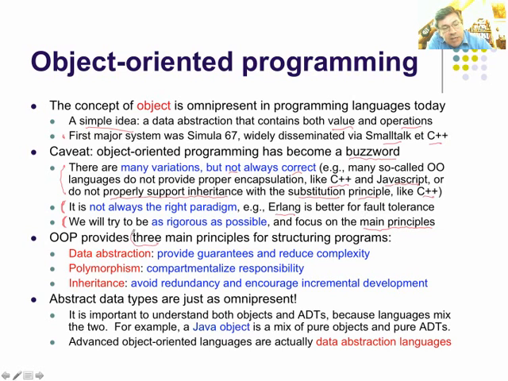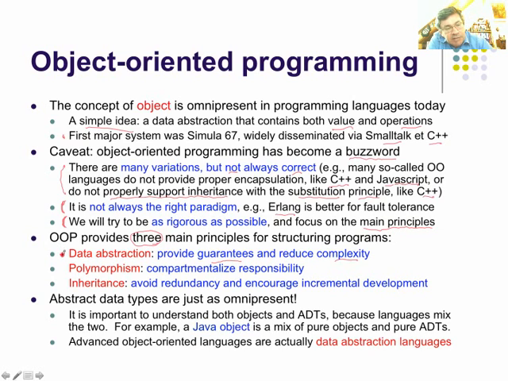And there are three main principles that object-oriented programming provides for structuring programs. The first and most important principle is the data abstraction idea. We've already had a lesson on that: providing guarantees that part of the system is working correctly, reducing complexity, letting us build systems in big teams, and so on.